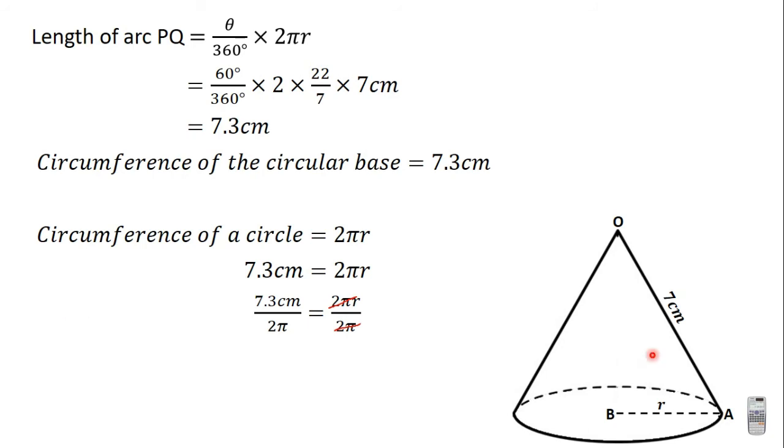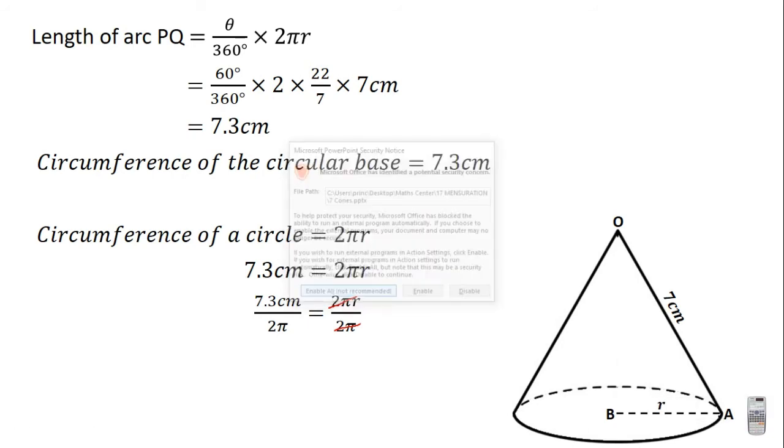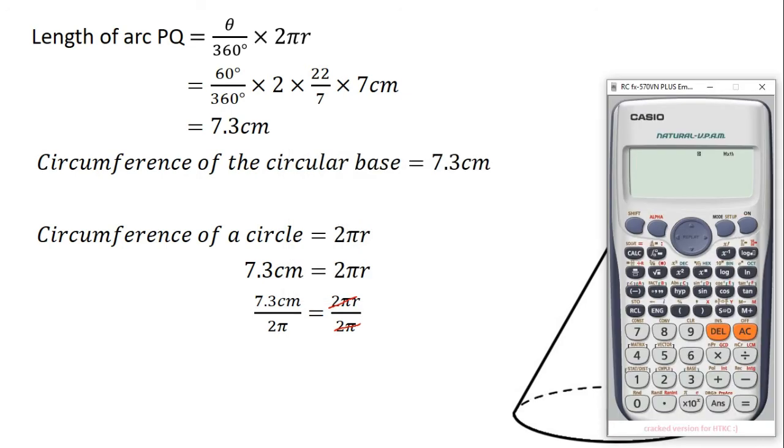And we can find that on our calculator. Remember, the question told us that pi is 22 divided by 7. So you switch on your calculator and you have 7.3 divided by 2 times 22 divided by 7.